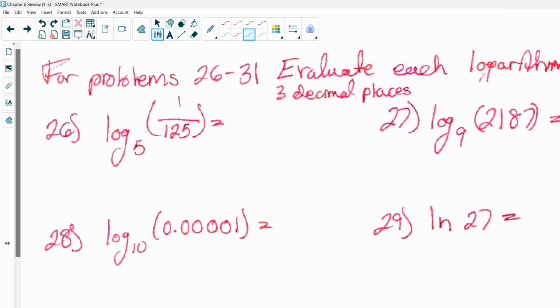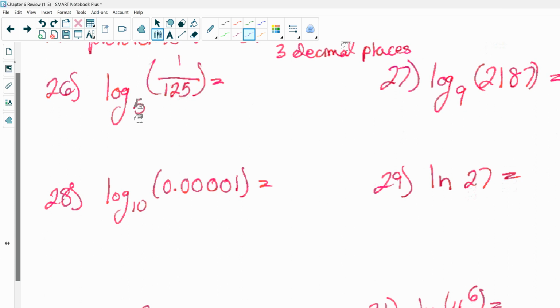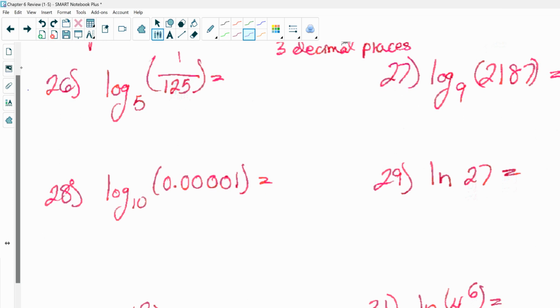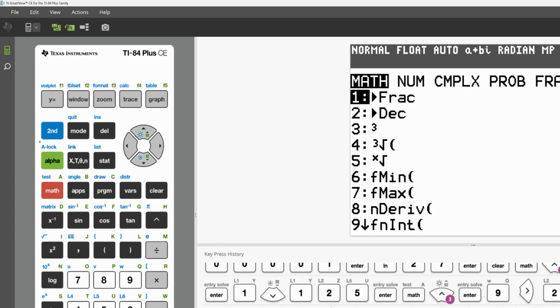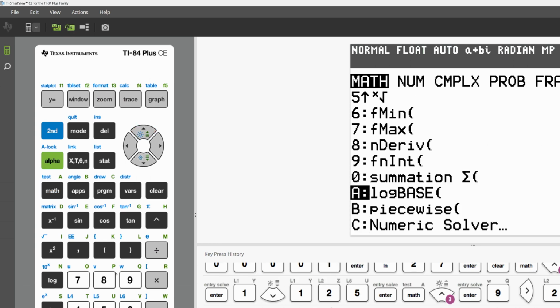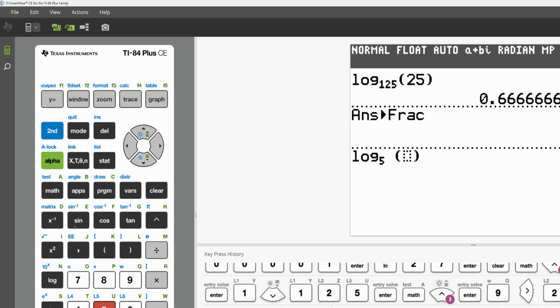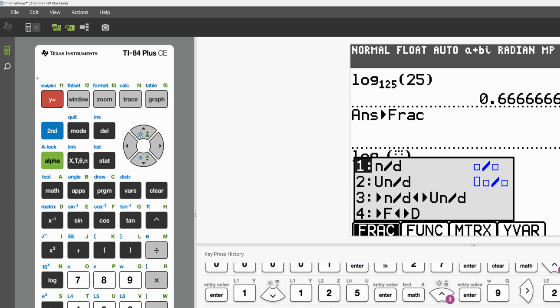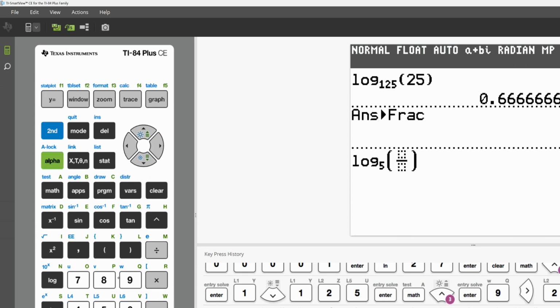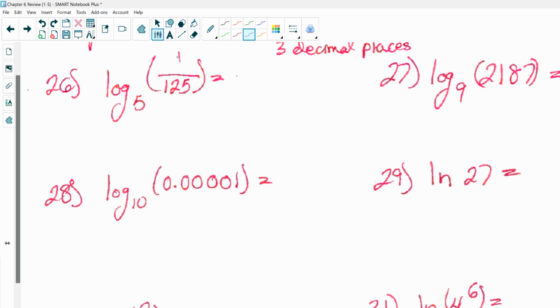26 to 31. Evaluate each logarithm and round to 3 places. For these first 3, we can use the graphing calculator and go to math. Log base 5 of, again for a fraction, alpha y equals enter, 1 over 125 is -3.